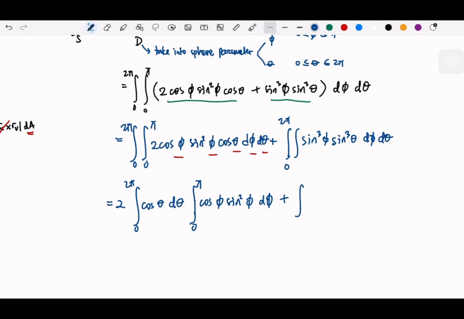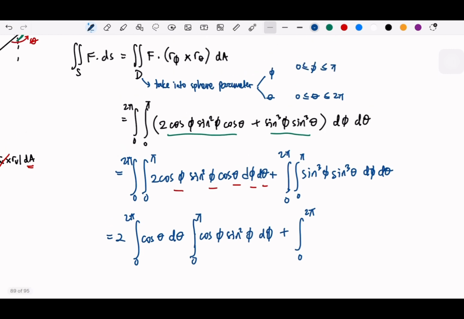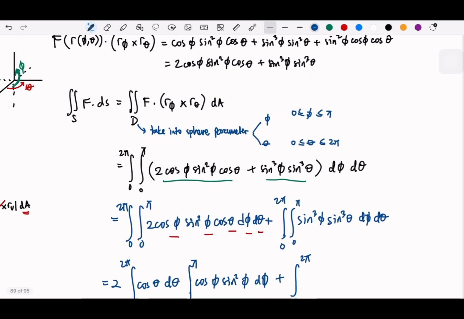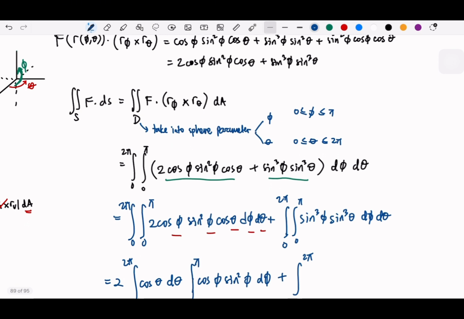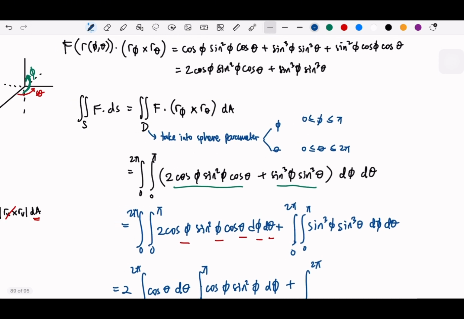Take the same way. Yes, sine cube phi and sine cube theta. Wait. Oh, right.